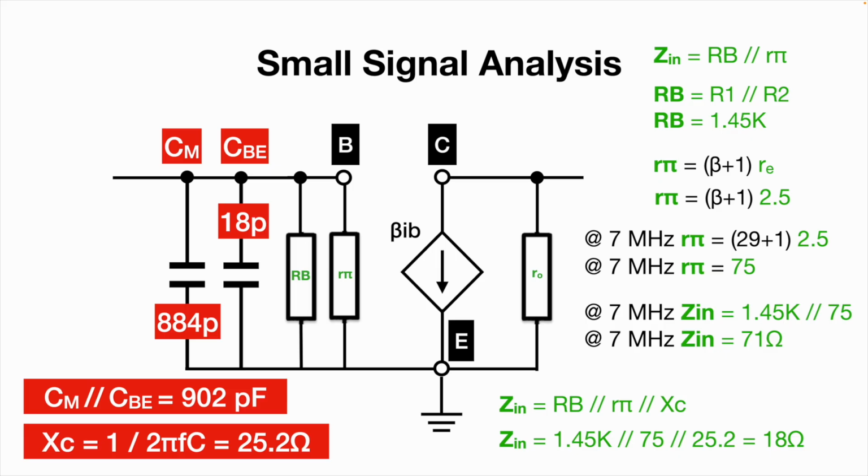But where the two diverge is when it comes to the capacitive reactance. I calculated here down the bottom left 25 ohms of capacitive reactance as a result of the Miller effect, and I'm getting something like 75 ohms on the Nano VNA.